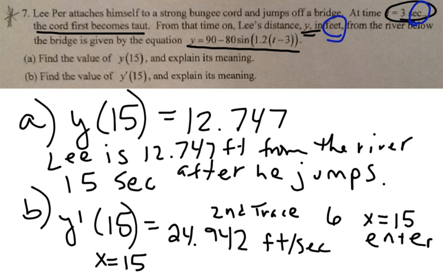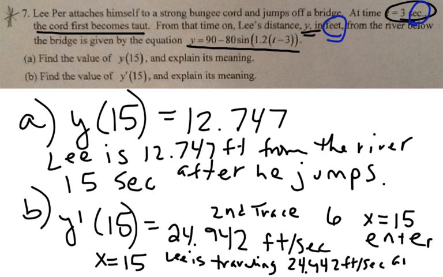That's how fast he's traveling 15 seconds after he jumps. So Lee is traveling 24.942 feet per second after he jumps.